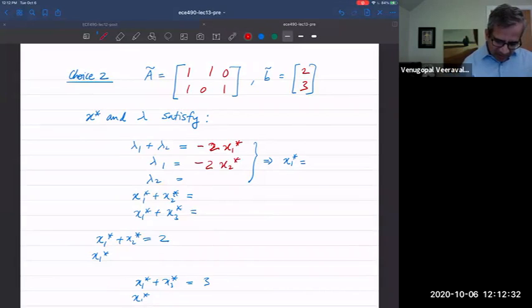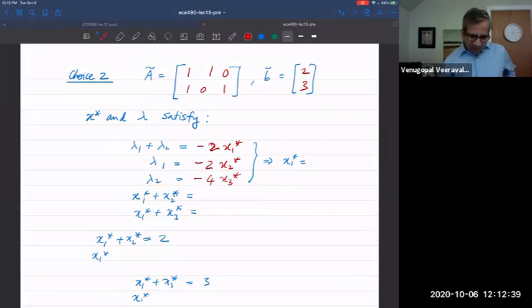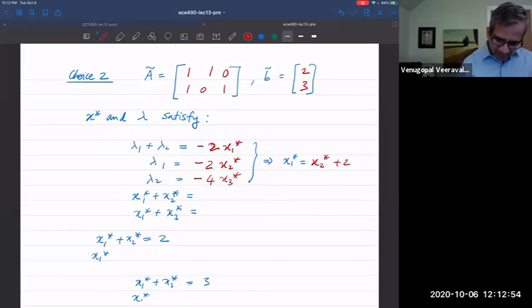And the third one says that lambda 2 is minus 4x3 star. By adding the second and third equations and making that equal to the first one, you get x1 star should be x2 star plus 2x3 star. And then you also have the constraints that x1 star plus x2 star equals 2, x1 plus x3 equals 3.